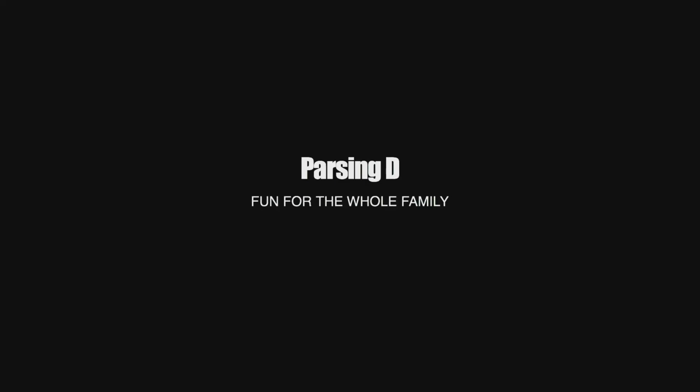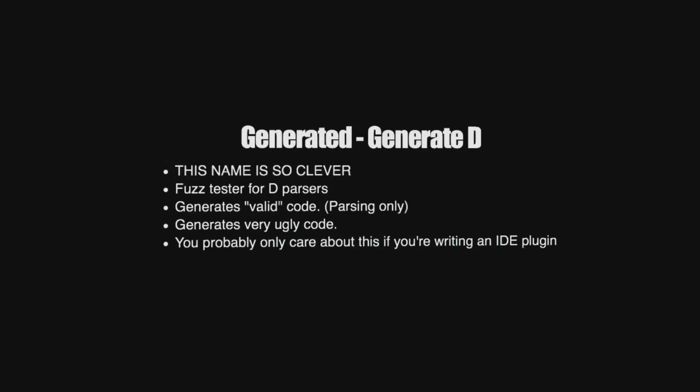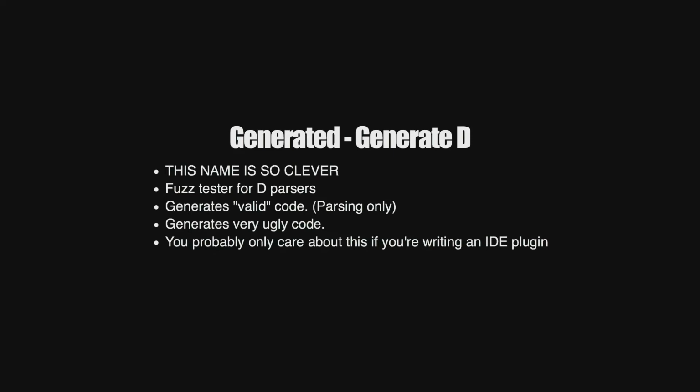So once you have a lexer, you need a parser. Eventually I ended up making this project called Generated, and during this whole process of making a parser, I was going through the official language specification and what kind of code was out there and what the reference compiler did and how none of them agreed with each other. So I started making my own reference grammar for the language.